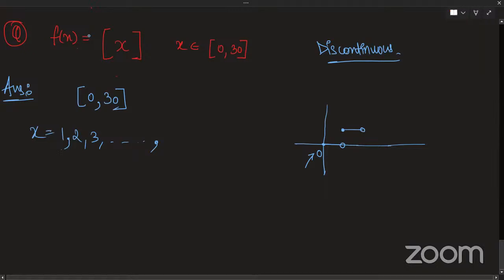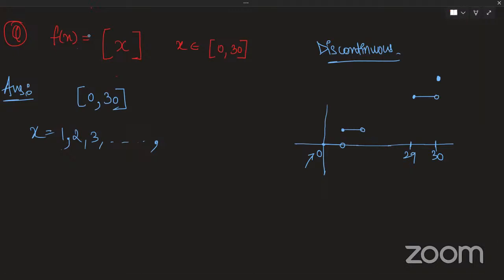Now we will check for x equal to 30. For that, we will go to 29. At 29, it will be somewhere at the top and it will go something like this. And when you get the value 30, it will be over here. Do you all agree? Yes, sir. So just look at the point 29. It is discontinuous.